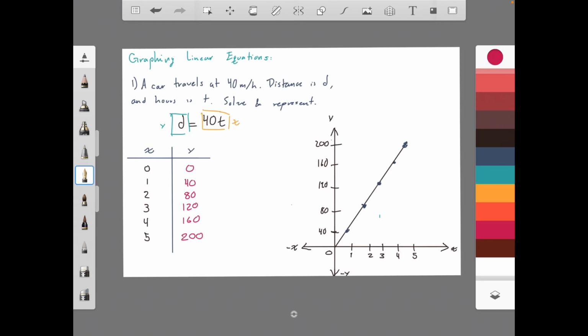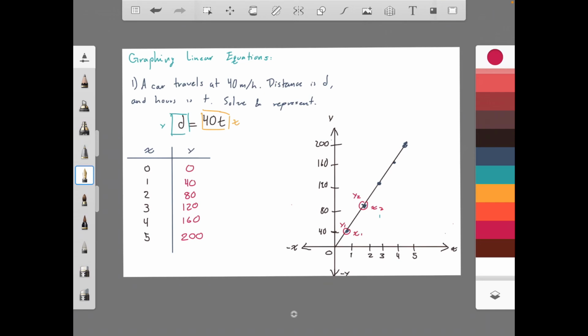So the way we find the slope is by taking 2 points. Let's pick, for example, this one and this one. We're going to establish the large one as y2 and x2, and this one we're going to call y1 and x1.